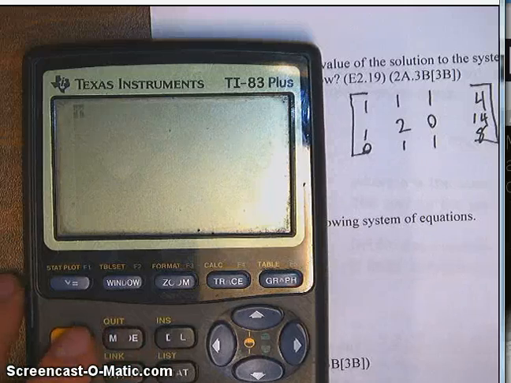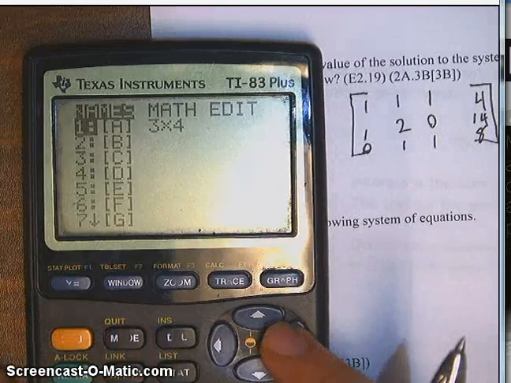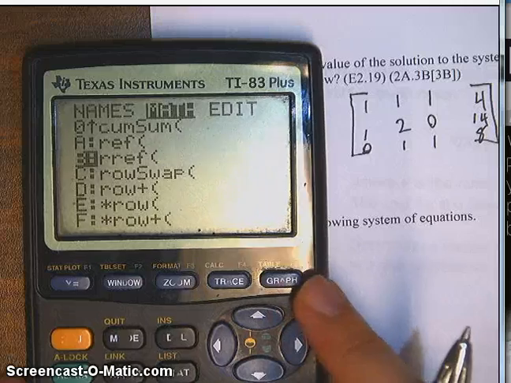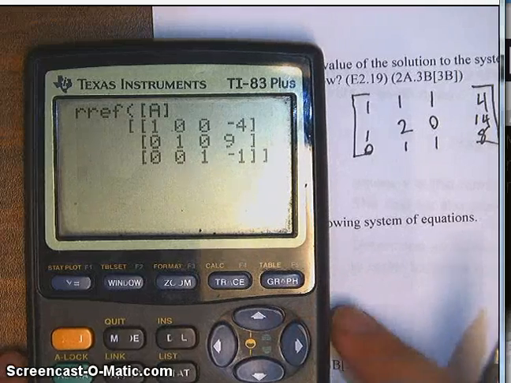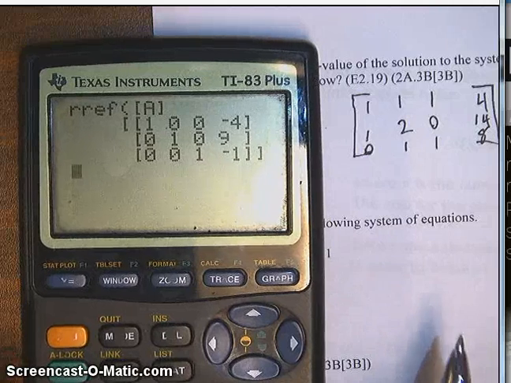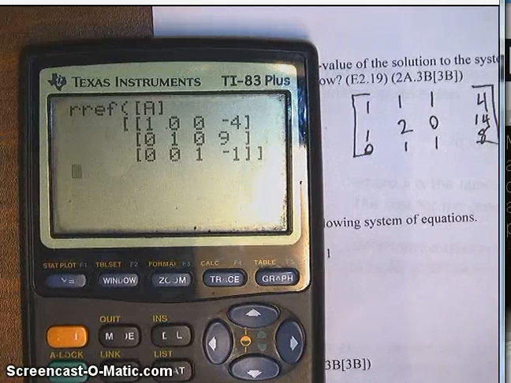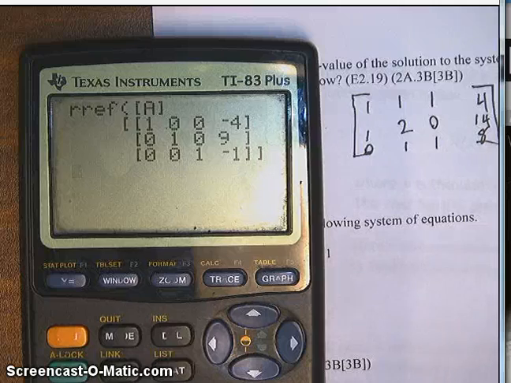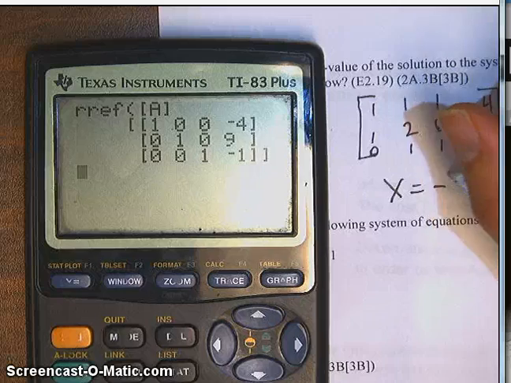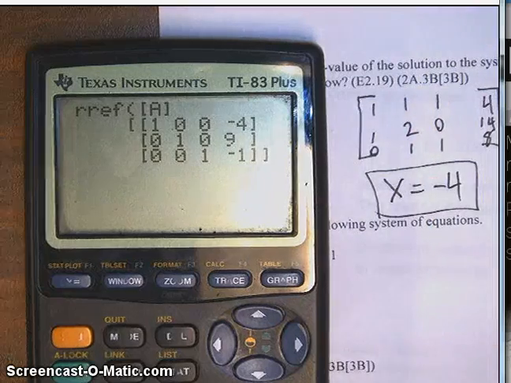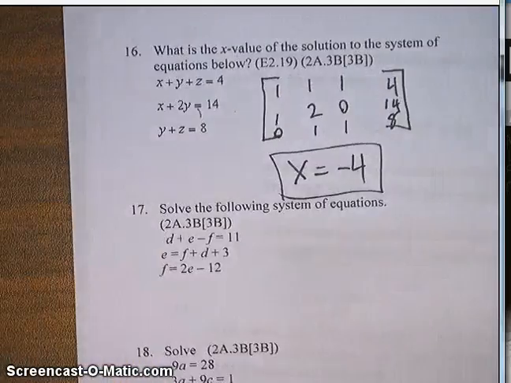Second quit, second matrix, over to math, up to B. Second matrix, hit enter on matrix A, and it's going to spit out the solution of -4, 9, -11. But the question is simply asking us for the x value of the solution. So in this case, x equals -4. And that's it.